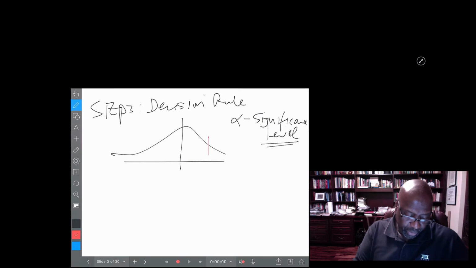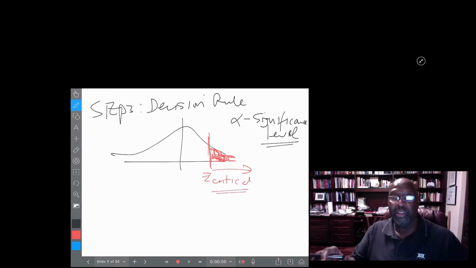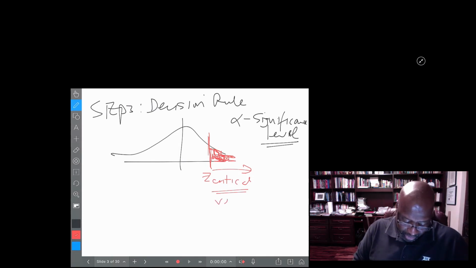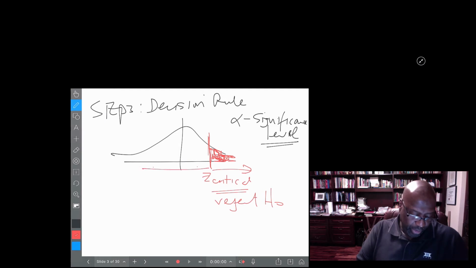So if we say we're looking for evidence that the mean is greater than a particular value, then we want to look in this region. And at some point we set a boundary, and we will call that our Z critical, our critical value. So that critical value is like the same Z critical in a confidence interval. It would be the value beyond which we are now in the rejection region. So we will say reject H0 if we're in that region, or we fail to reject H0 if we're in this region.